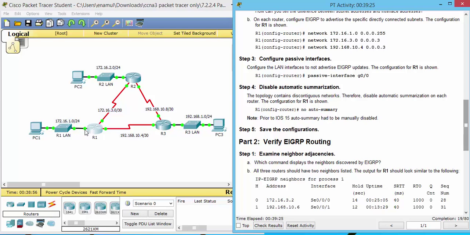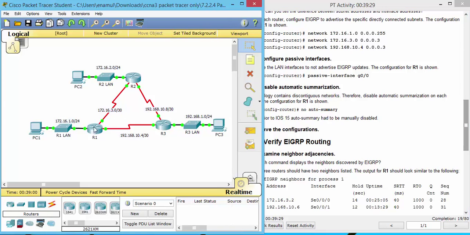You see this gigabit port has an address of 172.16.1.0, and this is 172.16.3.0, and this is 192.168.10.4. So all these three networks are different. They're not in the same network.